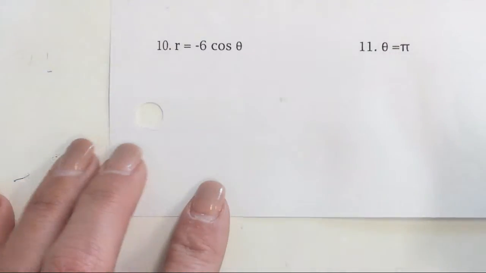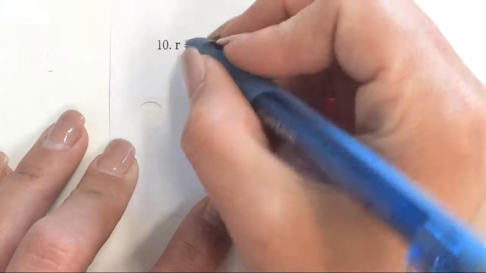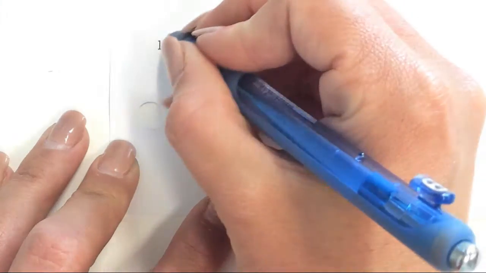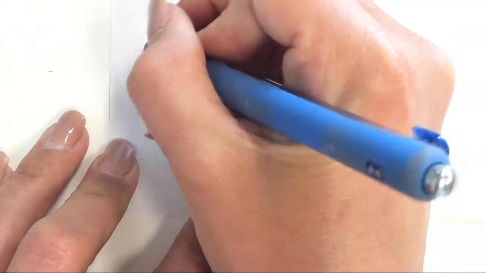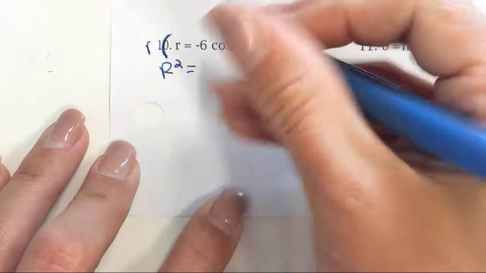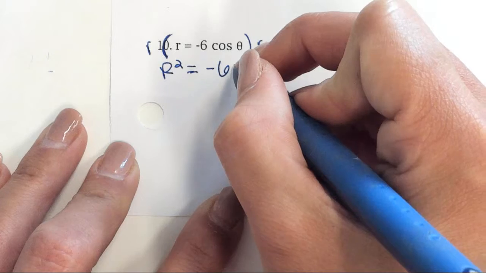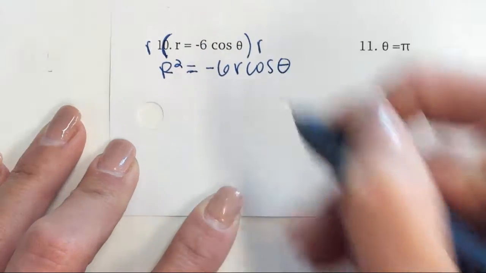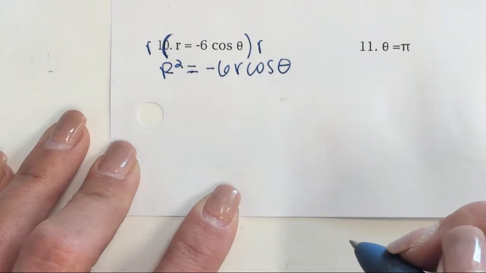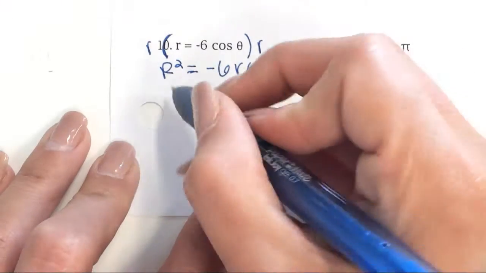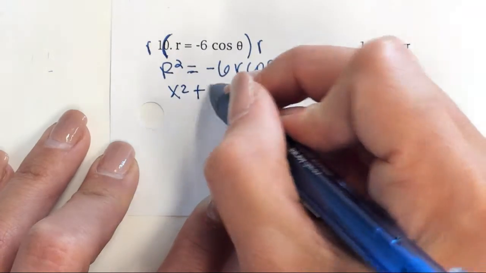Alright, number 10. Tell me what to replace r with. Or excuse me, what do we have to do first? Multiply both sides by r. So we'll have r squared equals negative 6 r cosine theta. What is r squared the same thing as? Good.